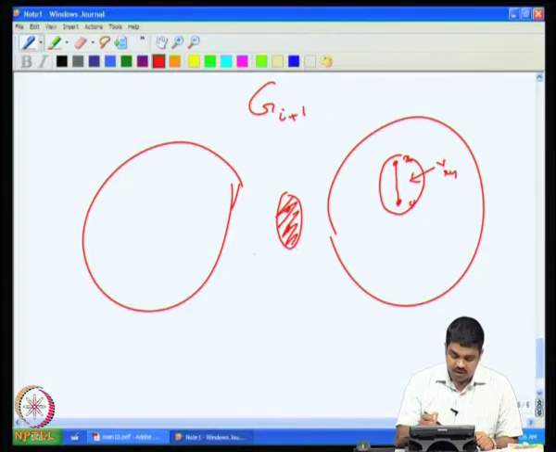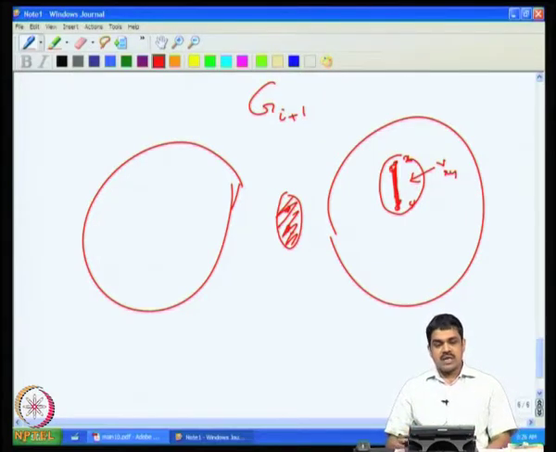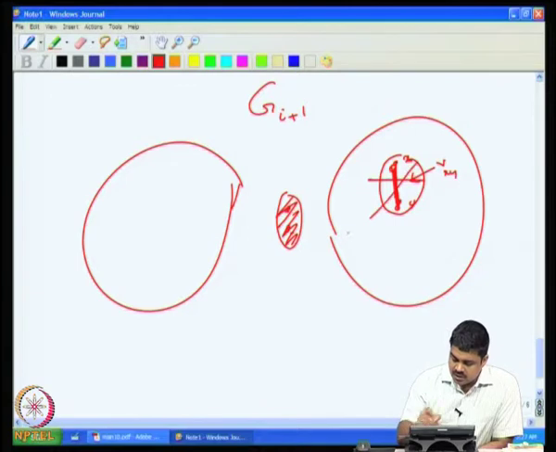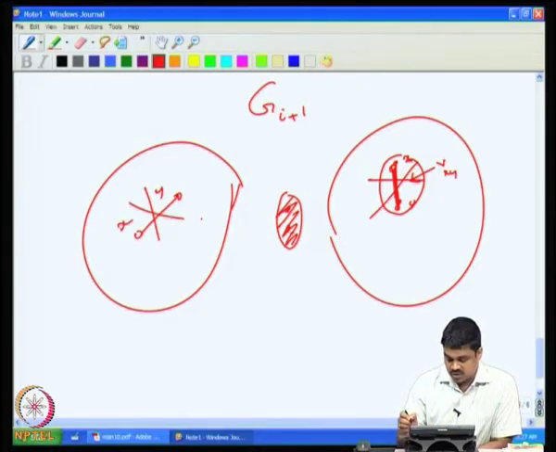Here you can see that this is going to remain a vertex separator for Gi also. So it's not possible to have x and y both on one side, because if you contract that, we end up getting a separator of cardinality 2 for Gi also. So both the situations are not possible.